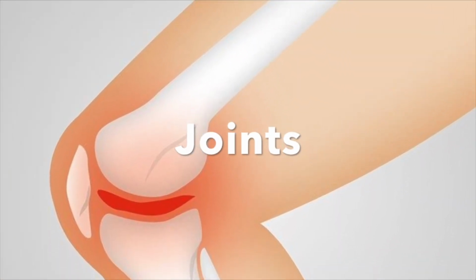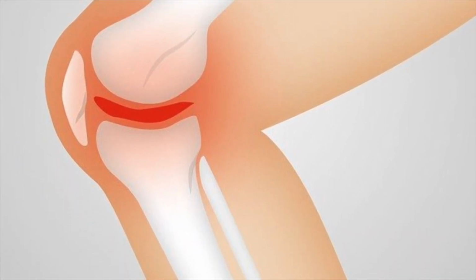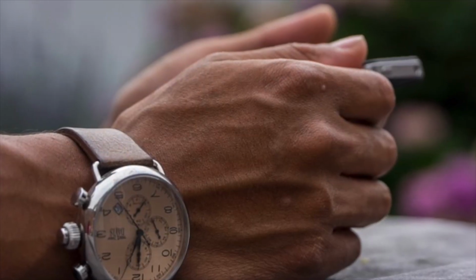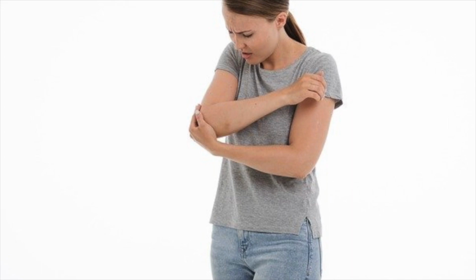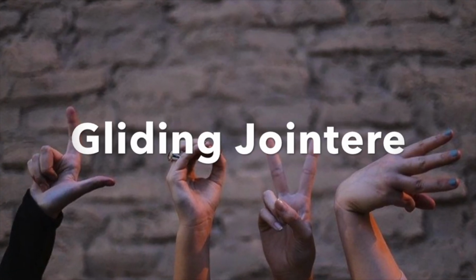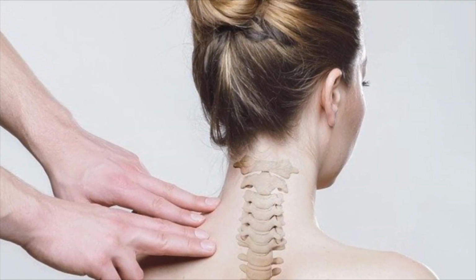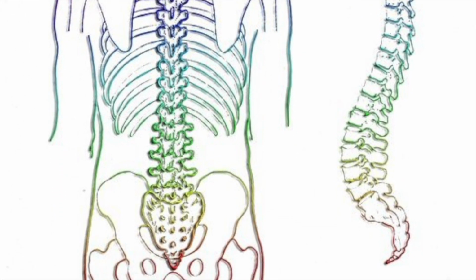Okay, joints are where the bones meet, such as your knees and elbows. Your body moves around because of joints. There are 4 main types of joints, and each has a different kind of movement. In a pivot joint, bones pivot or rotate around a central point, as in your wrist, neck, and elbow. In gliding joints, bones glide over each other, as in your wrist, ankles, and vertebrae.